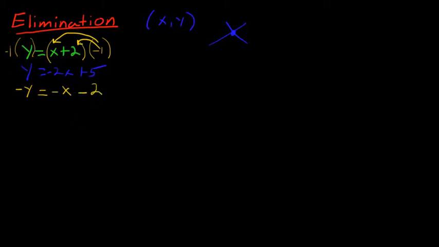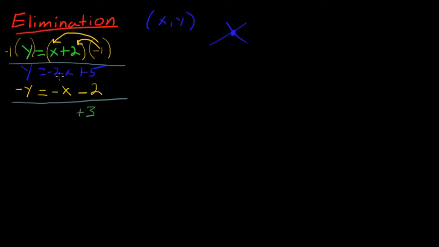Now I can go ahead and add these two equations. We're going to draw a line. I'm not using the old equation anymore because we've changed it and put it here. I'm going to add these two, just adding straight down. I get 5 plus a negative 2, which is positive 3.